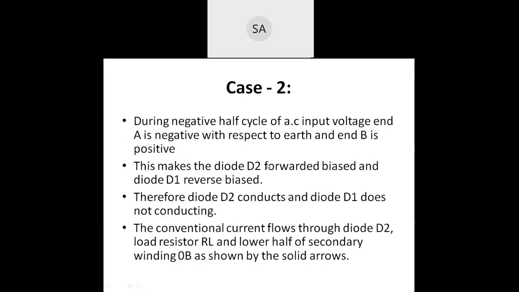This makes diode D2 forward biased and diode D1 reverse biased. Therefore, diode D2 conducts and diode D1 does not conduct. The conventional current flows through the diode D2, load resistor RL and lower half of secondary winding 0B as shown by the solid arrows.